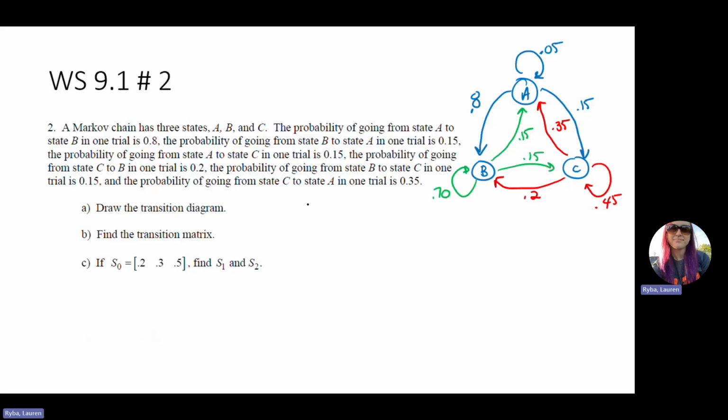So now we can turn this into our matrix. So I will keep them in order A, B, C, A, B, C. All right, so I'm going to do the first row. A to A, 0.05. A to B is 0.8. A to C is 0.15.